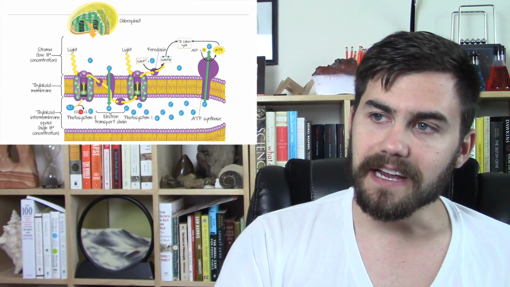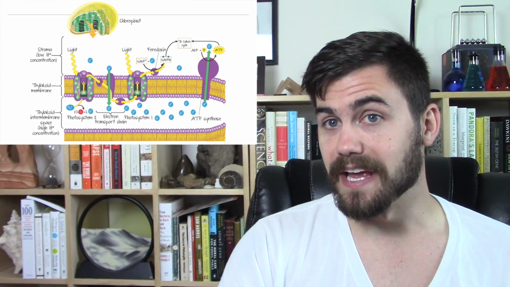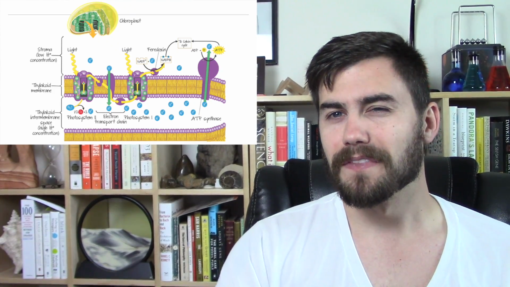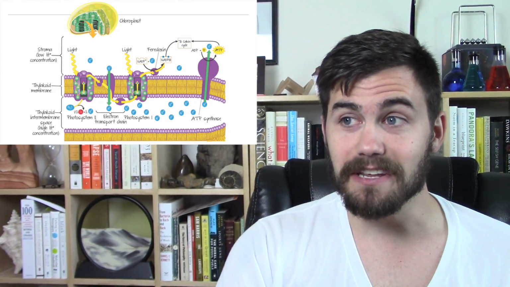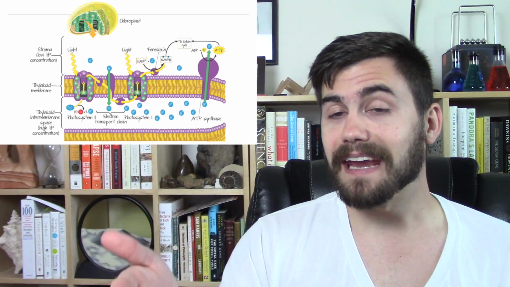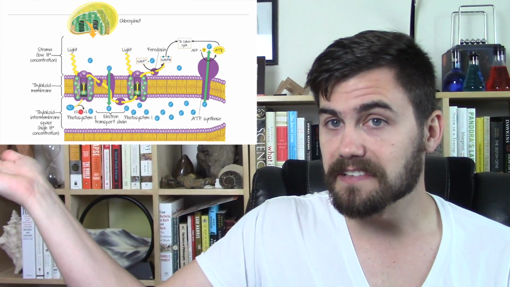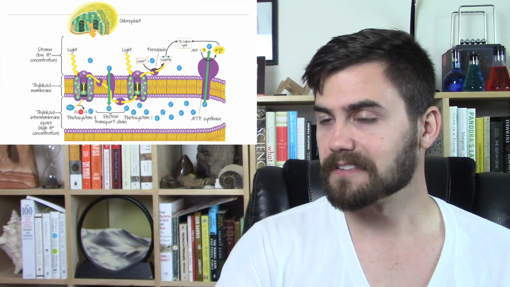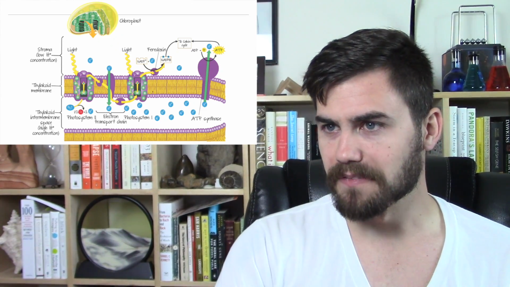These hydrogen ions basically have potential energy because they have a buildup of charge. So as they move through here, the little bit of energy they have is actually used to create small amounts of ATP, which is nice. ATP is going to be used next to also help make glucose and other organic compounds.